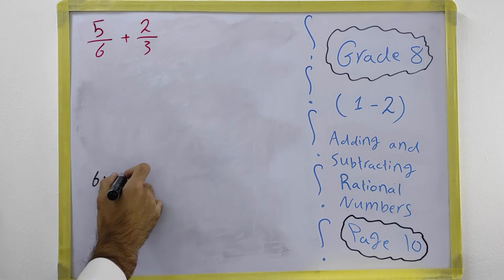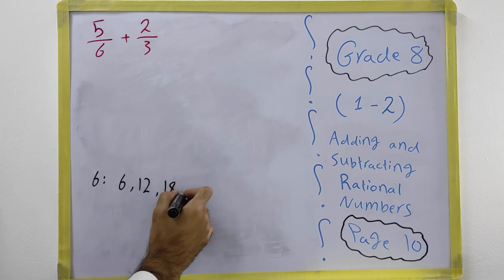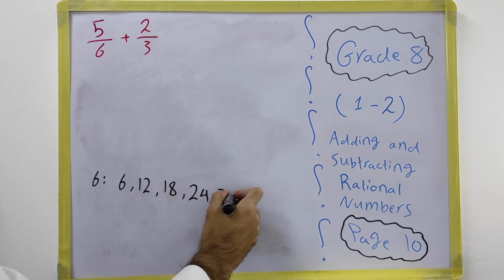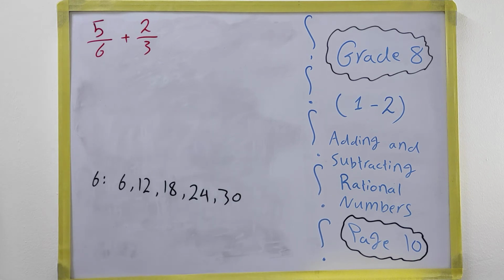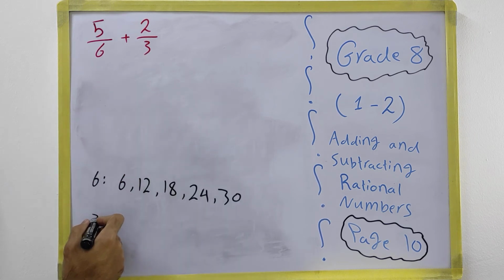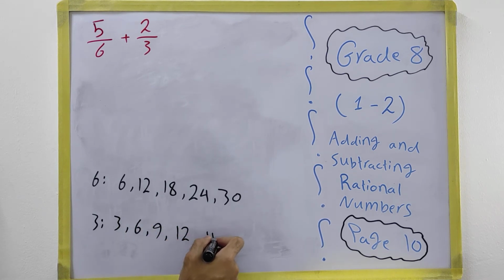Multiples of 6: 6, then 12, then 18, 24, 30, it goes on like that. We check for the smallest common multiple between them. For number 3, we have 3, 6, 9, 12, 15, 18.